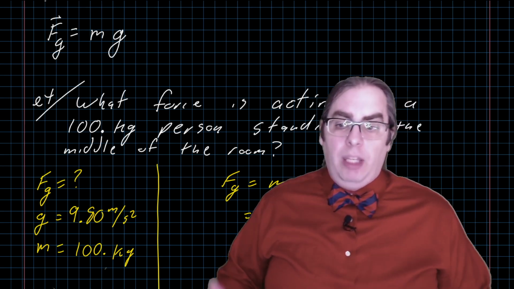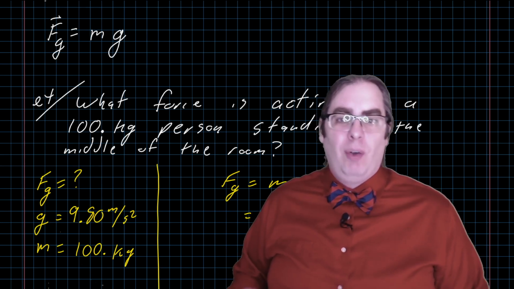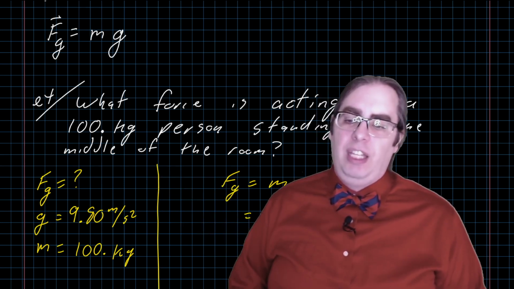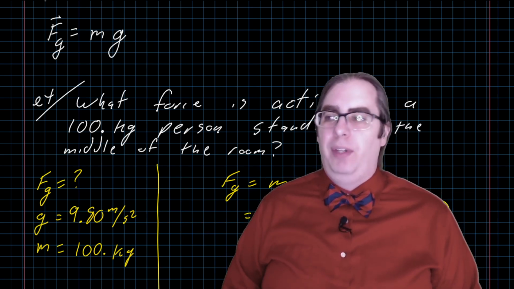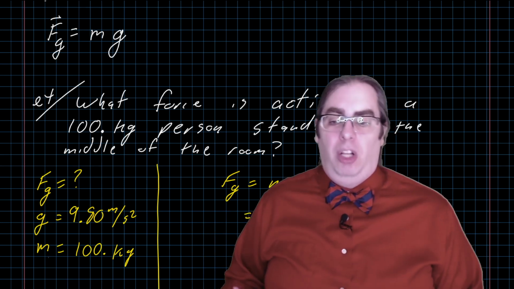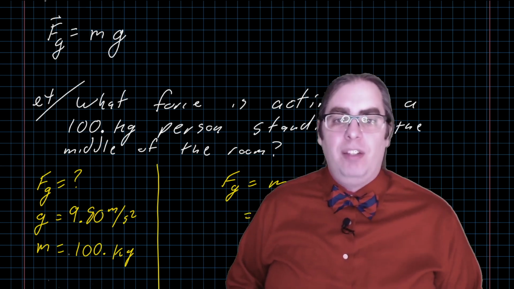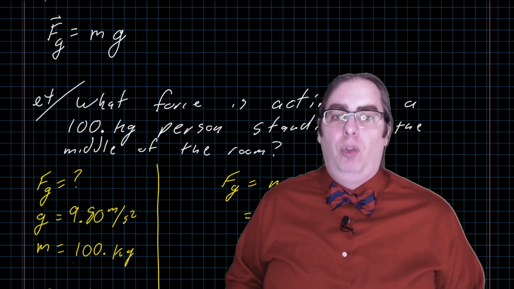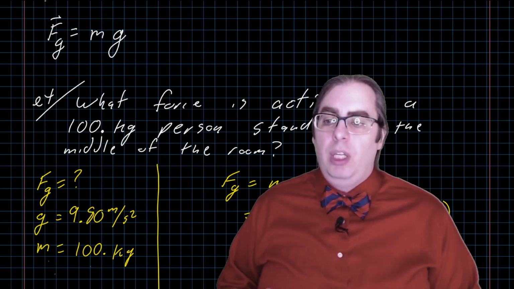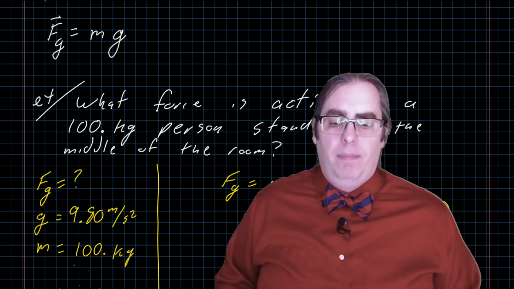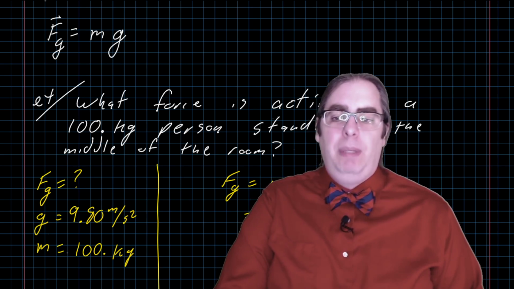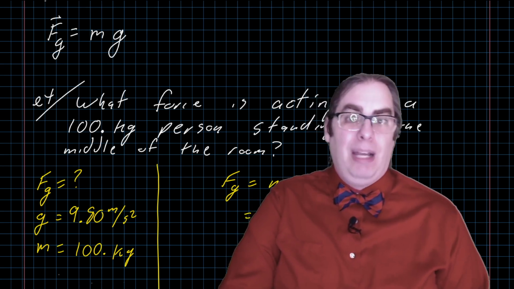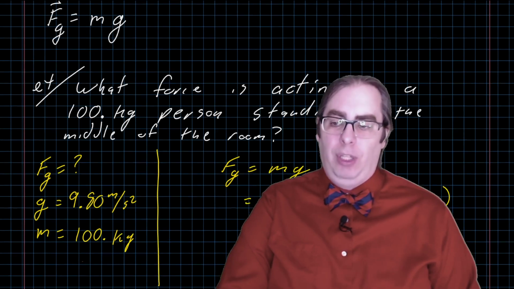We're not falling because our feet are solidly on the ground, right? A person standing in the middle of the room like I am right now, my feet are firmly on the ground. I can feel all of this force pushing on my feet. I can feel the pressure in the soles of my shoes, but I'm not moving. And mathematically, that has to be because there's another force counteracting that force pulling me downward.